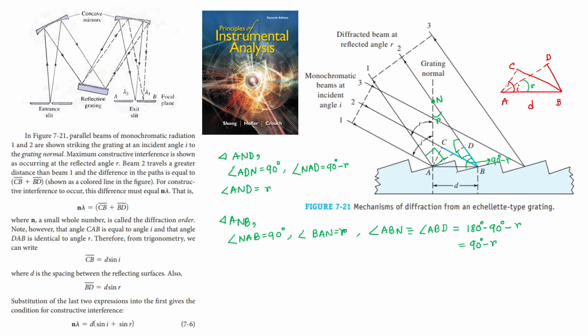Then what about angle? So for triangle ABD, we have angle ABD as 90 degree minus R. We have angle ADB as 90 degree. What about then angle DAB?